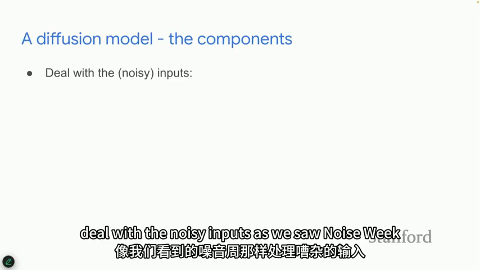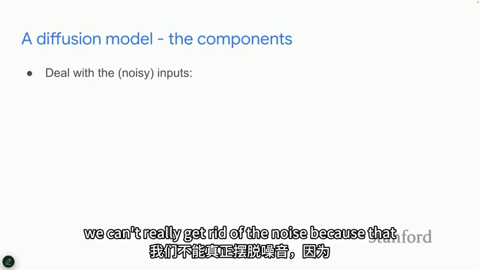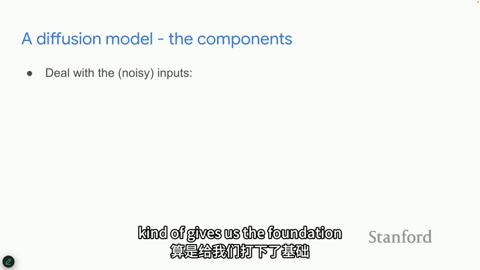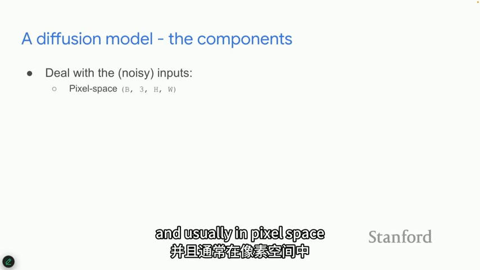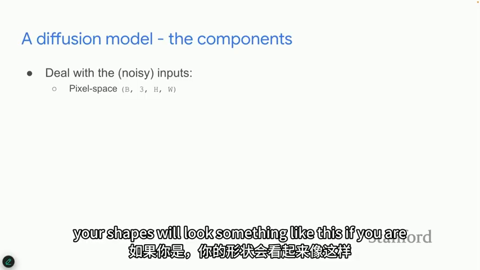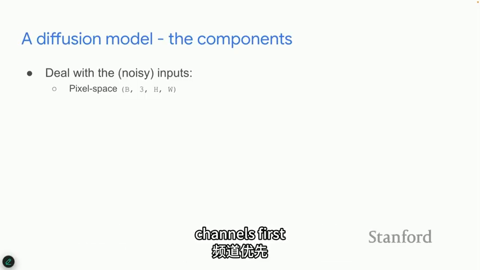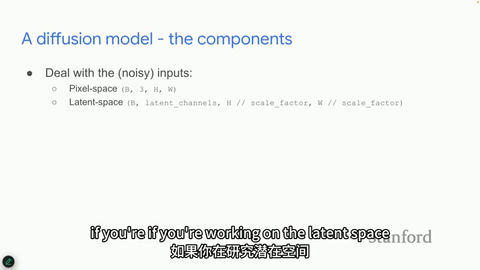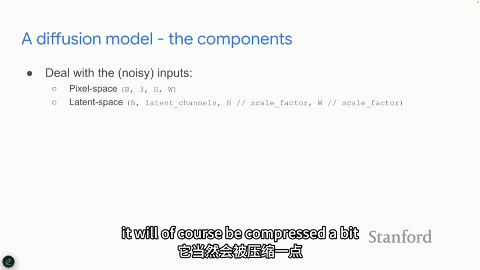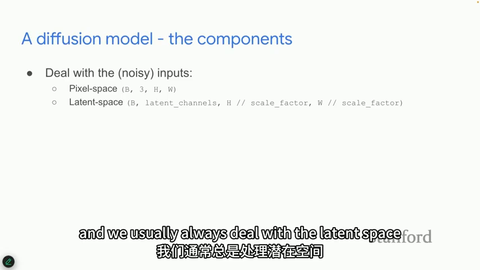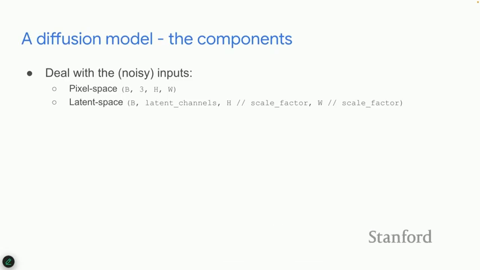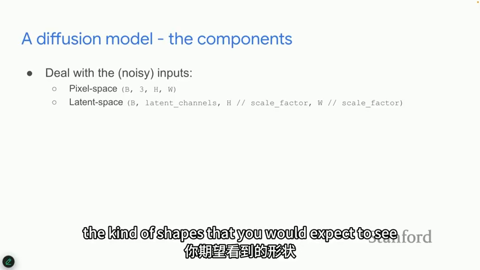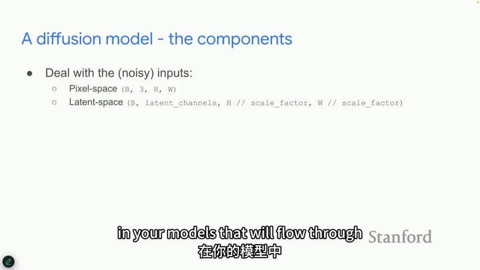As we saw, we can't really get rid of the noise because that gives us the foundation. And usually in pixel space, your shapes will look something like this if you are channels first. And if you're working on the latent space, it will of course be compressed a bit. And we usually always deal with the latent space diffusion model. So it helps to have the kind of shapes that you would expect to see in your models that will flow through.